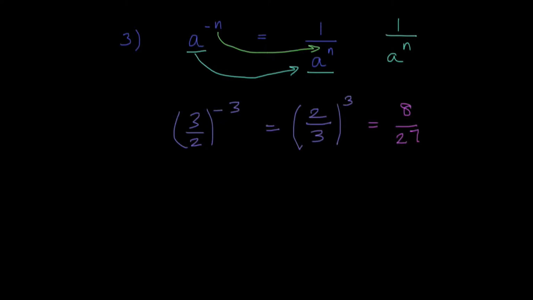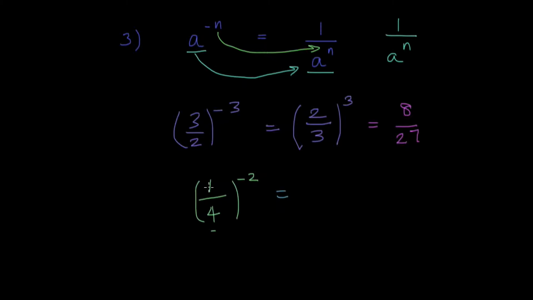What if I had 1 over 4 raised to the negative second power? Now here, when you had a base and a negative power, you switched it around, right? But here it's already 1 over the value. So what do you do? Again, the same rules apply.